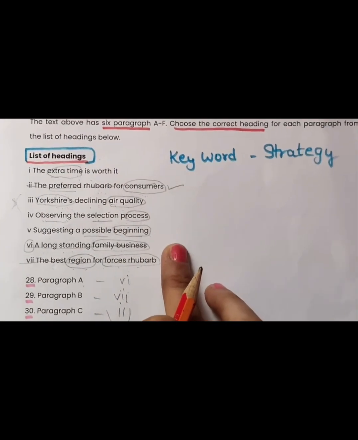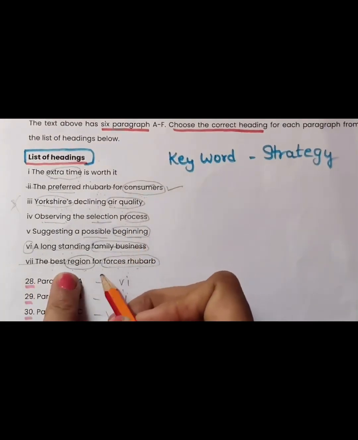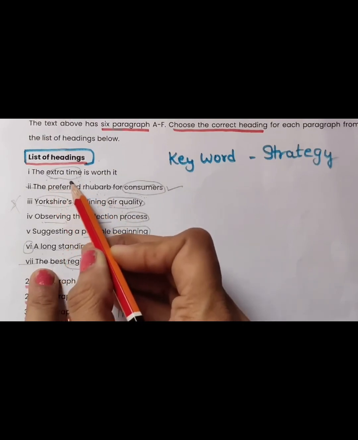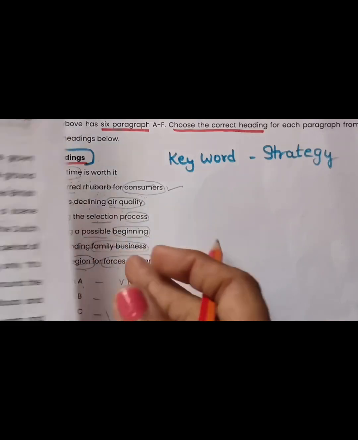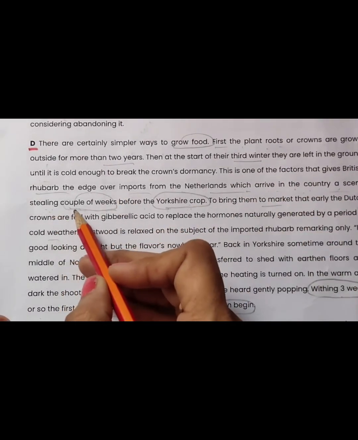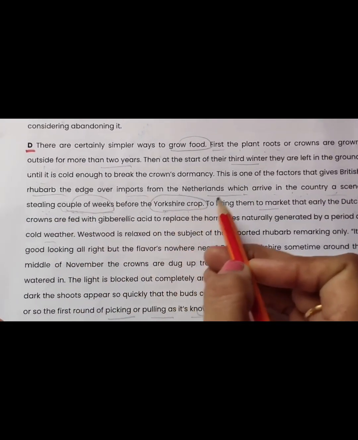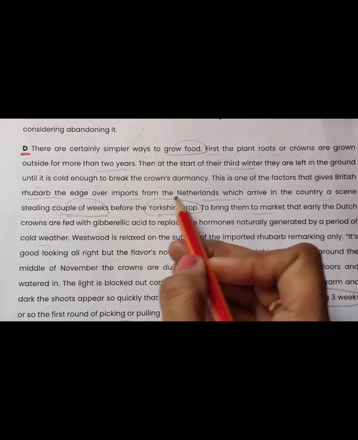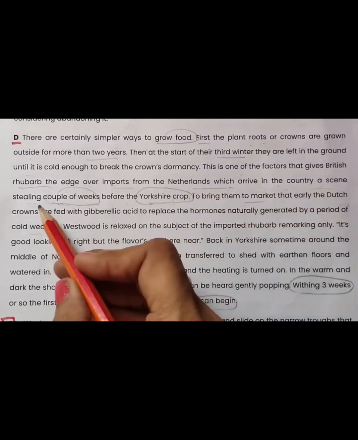Keyword strategy I am following, and definitely try to match the meaning also where time was there. Extra time is worth it. So extra time is worth it. Stealing a couple of weeks before, so this is one of the factors that gives British rhubarb the edge over imports from the Netherlands which arrive in country seen.